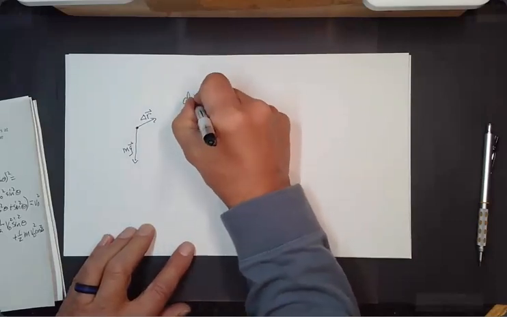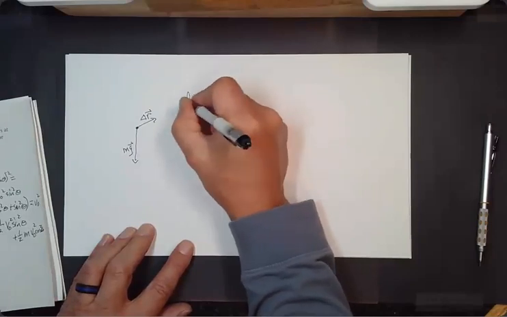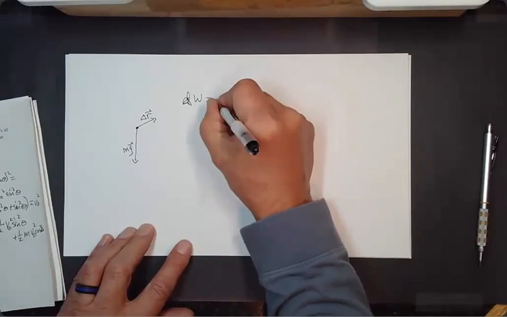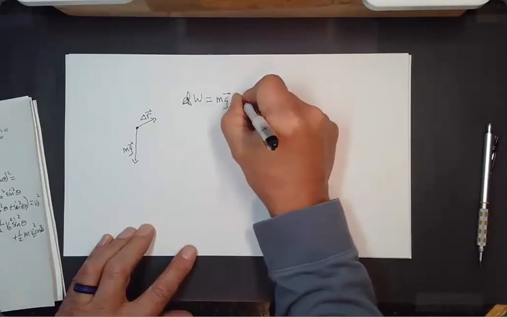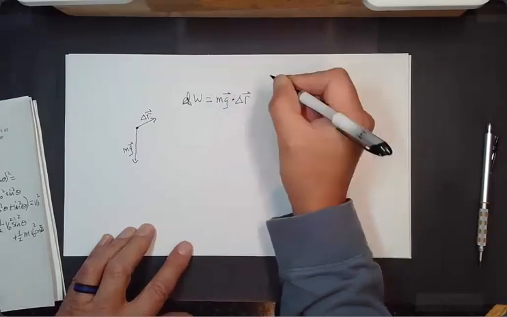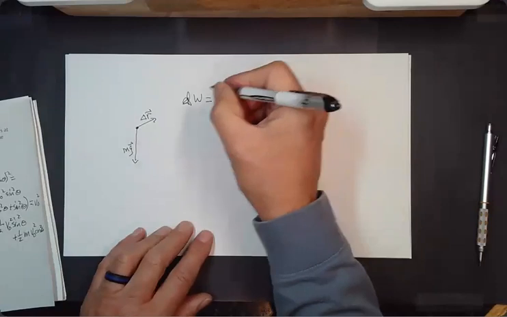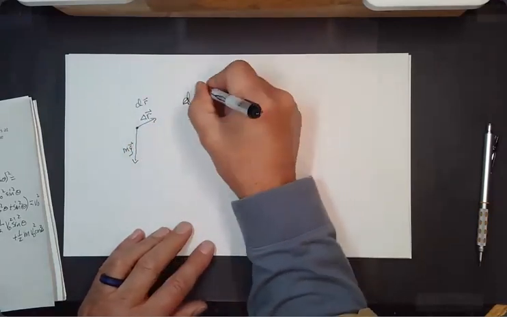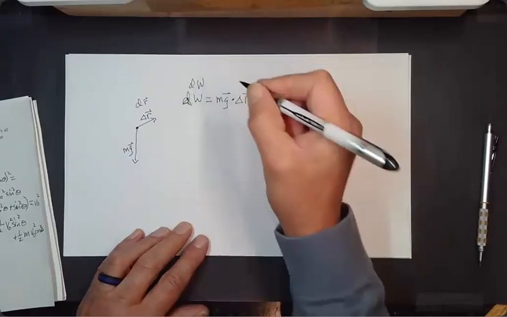Yesterday we saw an expression that the little bit of work that's done in something like this, we could call it delta W here, is the force dotted with the displacement vector. Okay, and as we shrink this down, we could actually think of this as going to some little vector dr, and then instead of a delta W, we could talk about a dW.